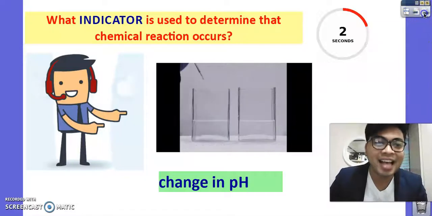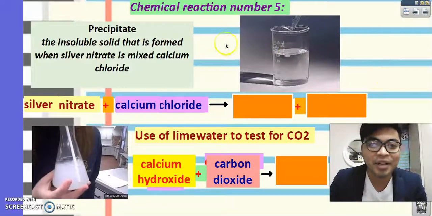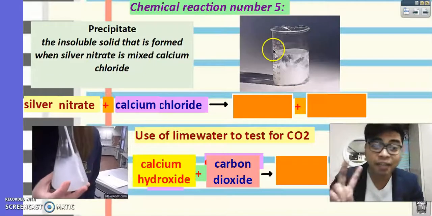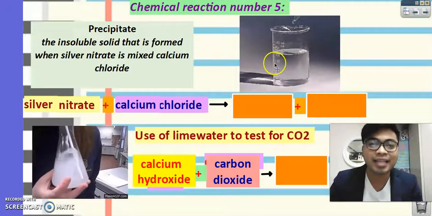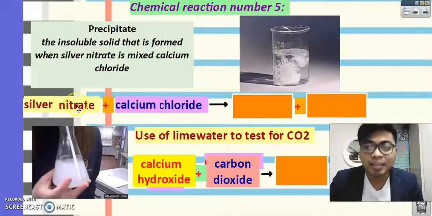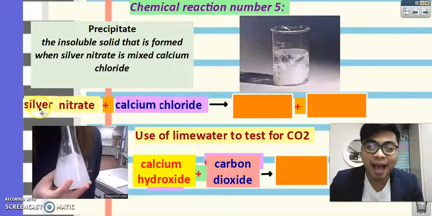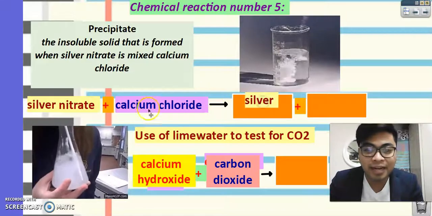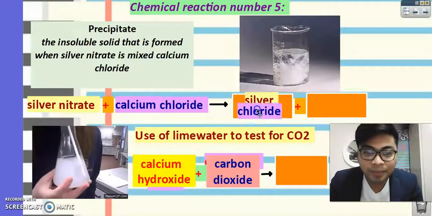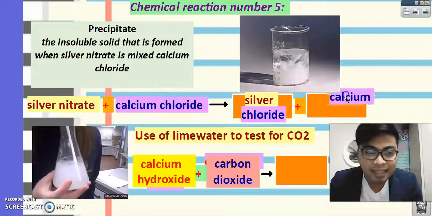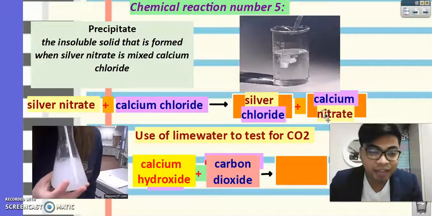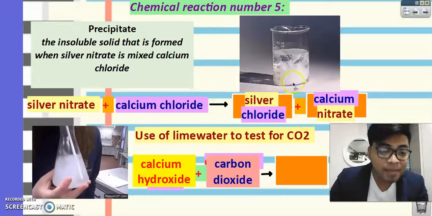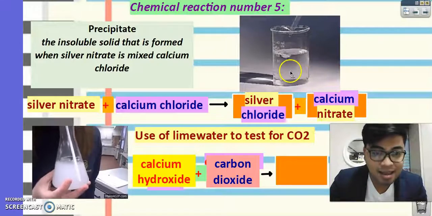Very good. Next, this is chemical reaction number 5. I have here silver nitrate. I have here 2 examples, this one and this one. Let's take a look at this first. In this process, we react silver nitrate plus calcium chloride. The resulting product that we have here is silver chloride plus calcium nitrate. What is formed in this process is this white thing here.